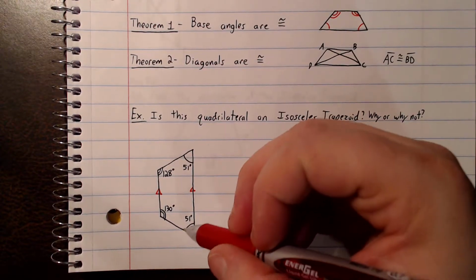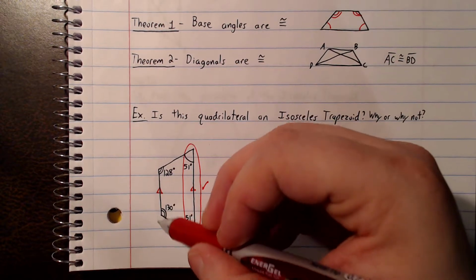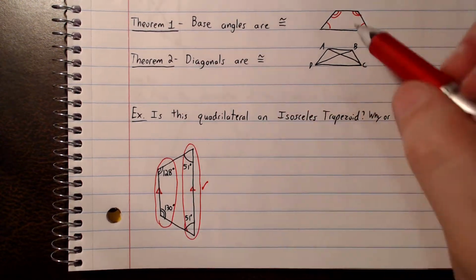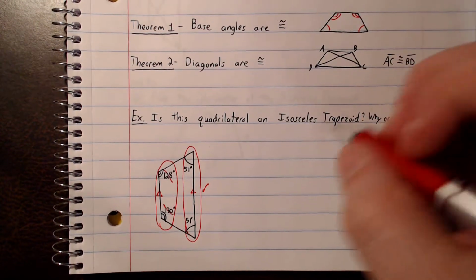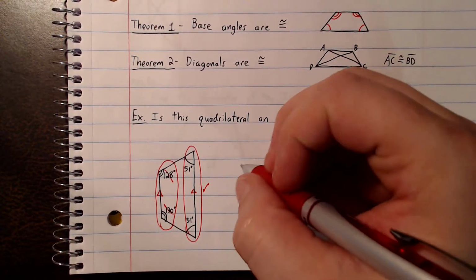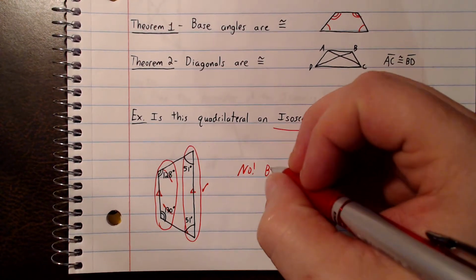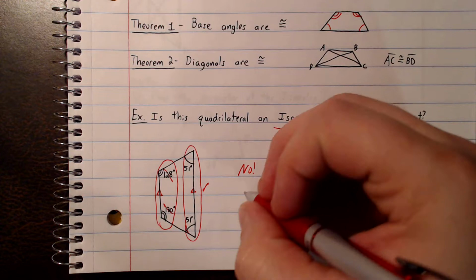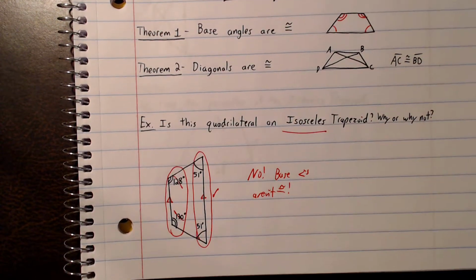So that means that we should have congruent base angles, which we're good here. But we run into a problem because, as I mentioned, we need both pairs, and these do not match. So is this an isosceles trapezoid? No, because base angles aren't congruent. That's a problem.